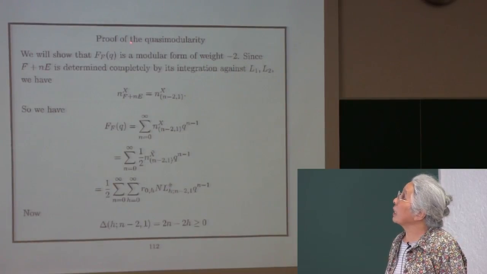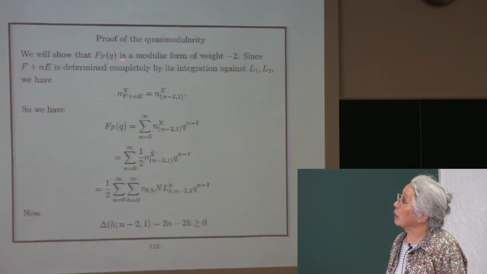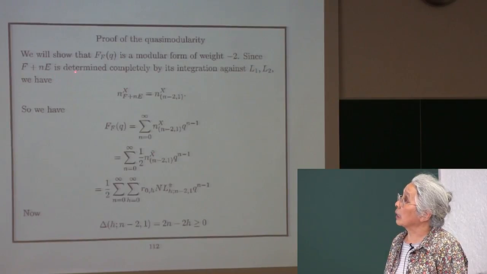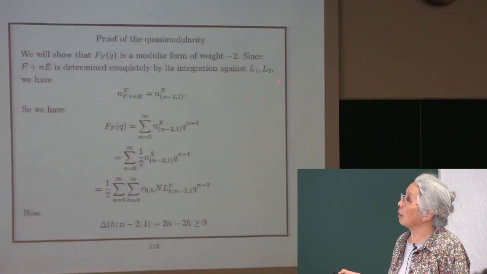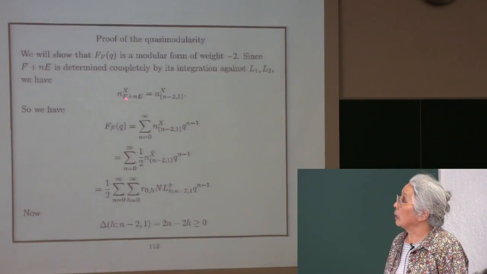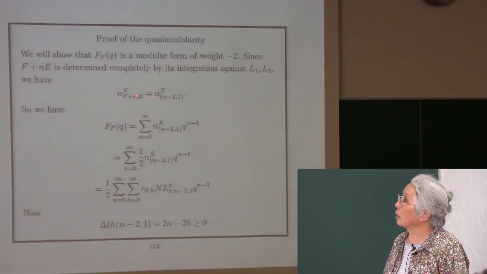So the proof: this is a modular form of weight -2, because F plus nE is determined by integration against L1 and L2. So this Gopakumar-Vafa number is just integration. You integrate against L1 and L2, and you'll get -2 and 1.